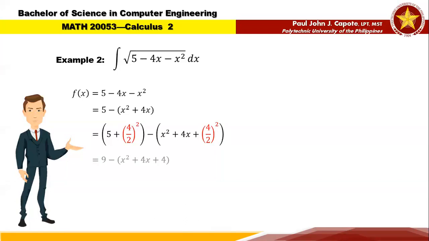Simplifying this, we have 9 minus the quantity x squared plus 4x plus 4. The second square is a perfect square trinomial, and so we can express it as a square of a binomial. So we have 9 minus the quantity x plus 2 squared.